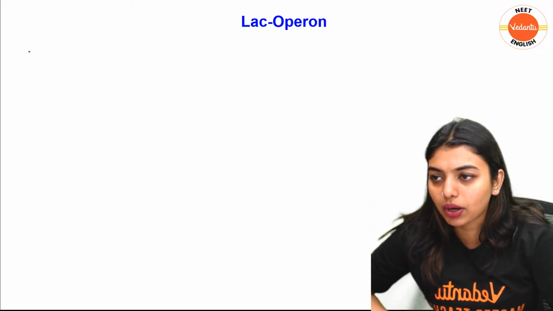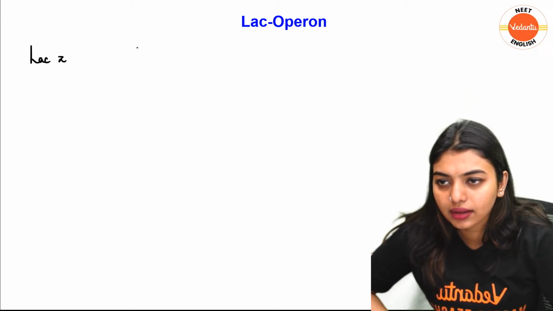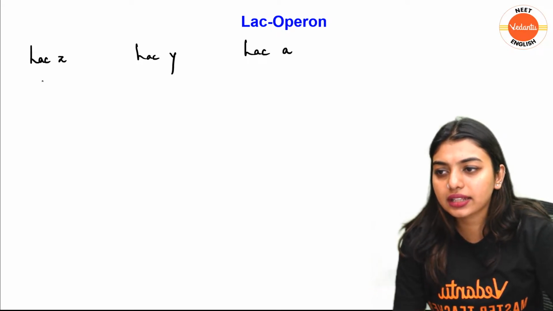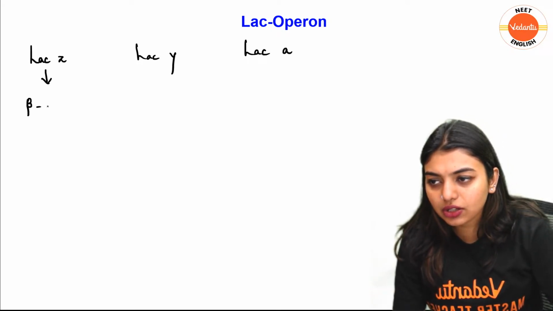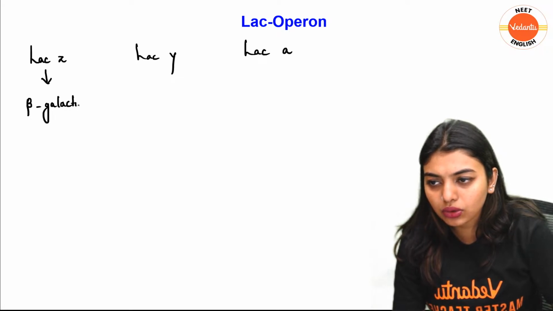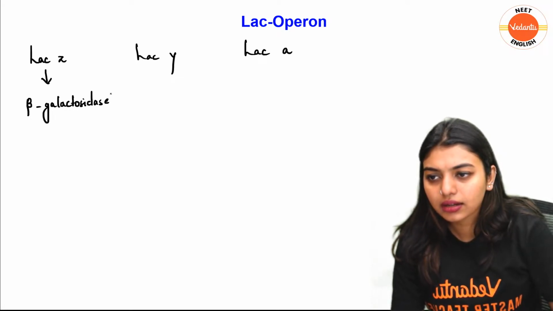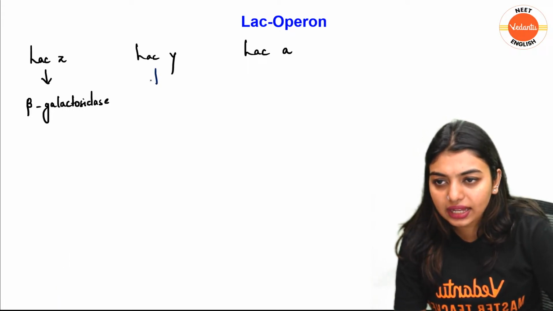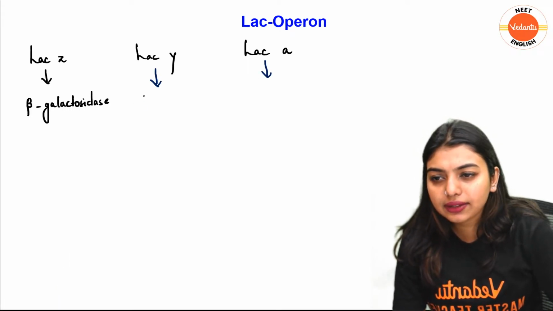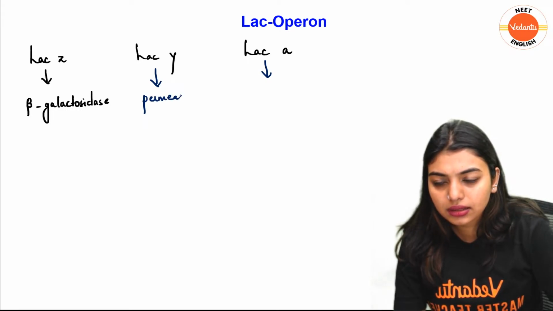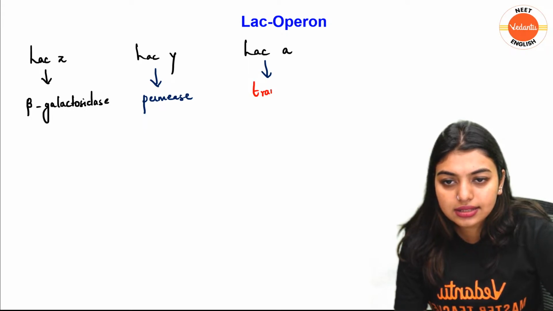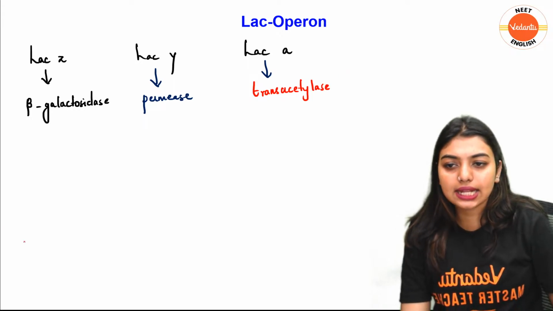Now let's talk about lac Z, lac Y, lac A. Lac Z will release something called beta galactosidase. Lac Y will release something called permease, and lac A will release something called trans-acetylase.